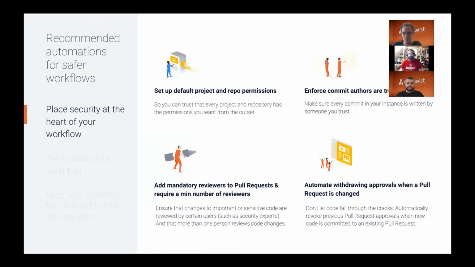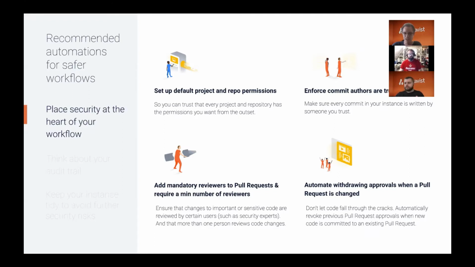You can also enforce trusted commit authors. This means that every commit pushed to your instance is by a trusted author. Again, this is particularly useful if you're in a regulated environment and you have to know where every commit has come from, and basically trace that audit.